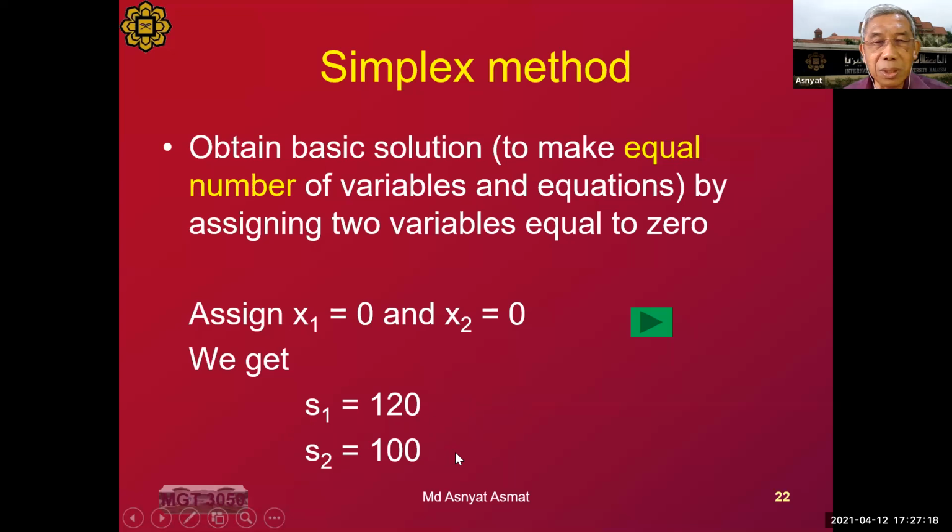S2 also represents the painting hours not used. It makes sense, right? We do nothing, so we are producing nothing. The allocated hours for carpentry are not used, and the hours allocated for painting are also not used.